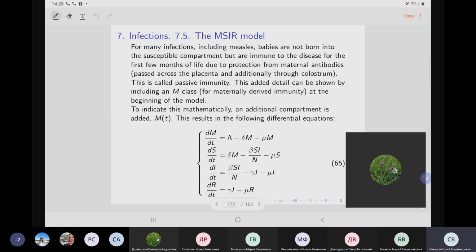So it is called passive immunity, and we can add this M class of our newborns. The number of newborns depends on the birth rate, and some of our newborns become susceptible in some time.